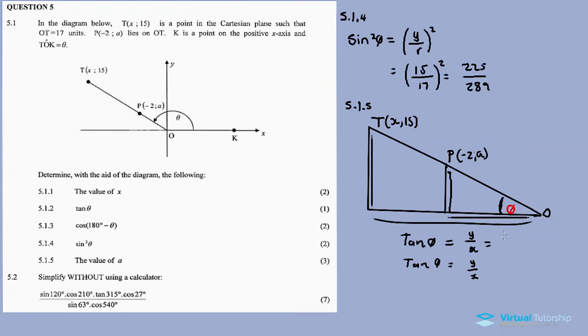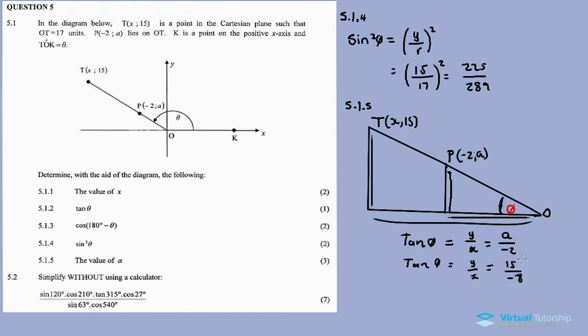So for the small triangle our y is the unknown A, the x is 2, the y for the big triangle is 15, and the x for the big triangle is 8.